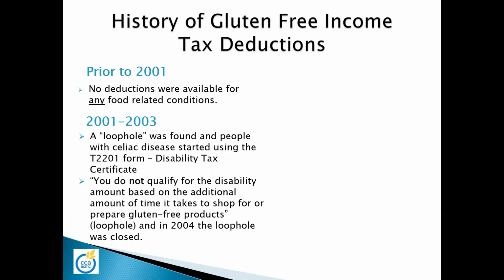the disability classification. The Revenue Canada in 2003 came out and said that you do not qualify for the disability amount based on this additional amount of time that it takes you to do these tasks. So in 2004, the loophole was closed.